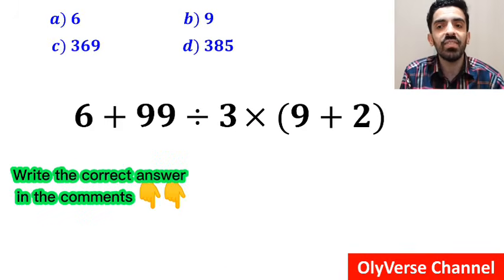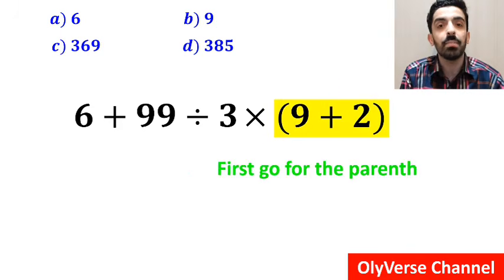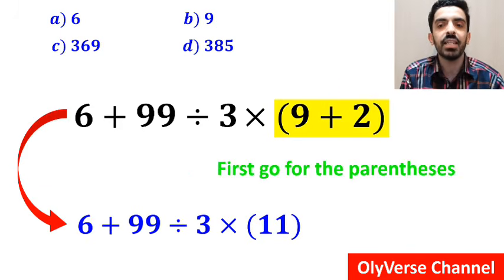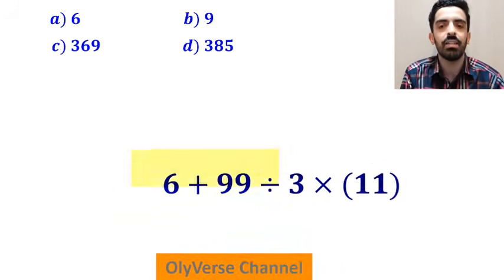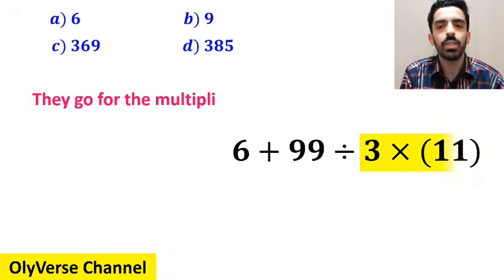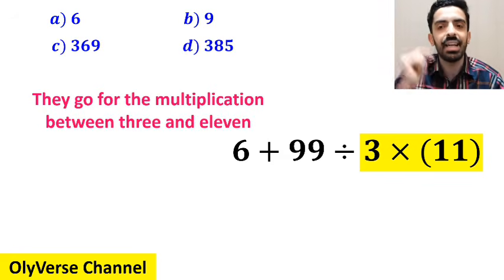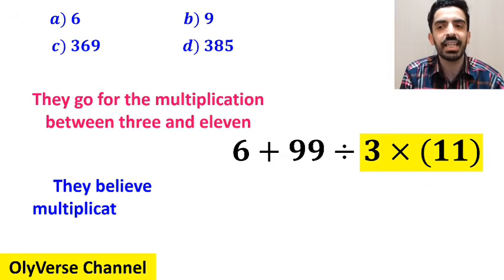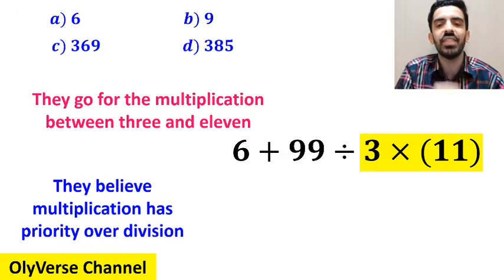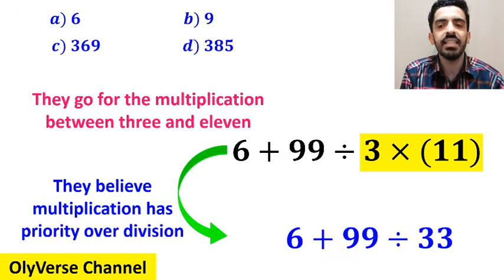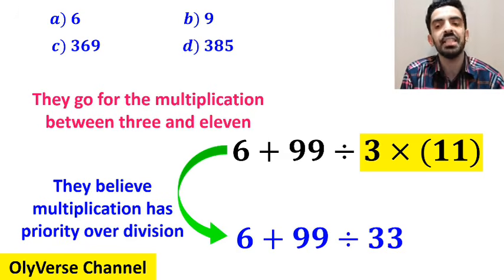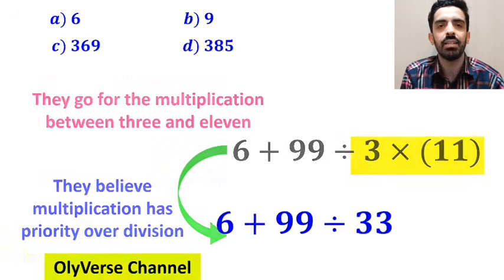Also, some other people, when solving this question, first go for the parentheses and write this expression as 6 plus 99 divided by 3 times 11. And the next step, they go for the multiplication between 3 and 11 because they believe multiplication has priority over division. So, this expression simplifies to 6 plus 99 divided by 33.